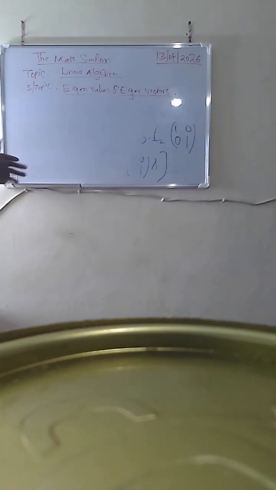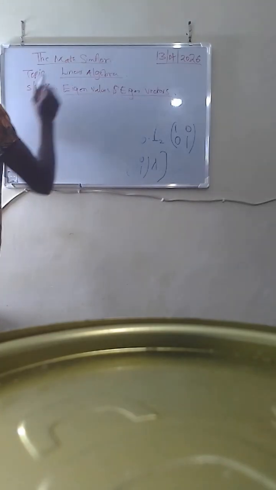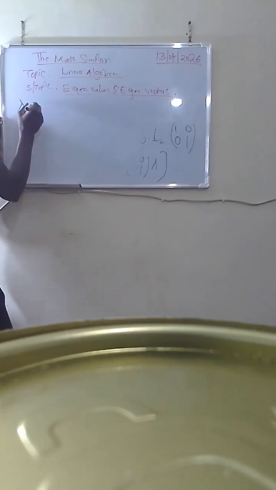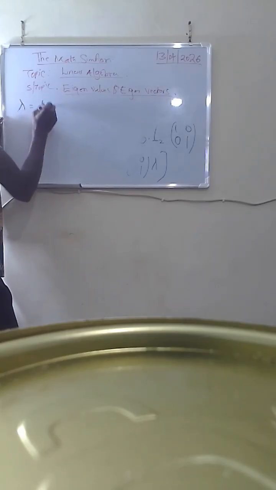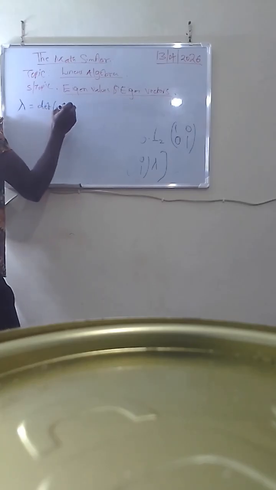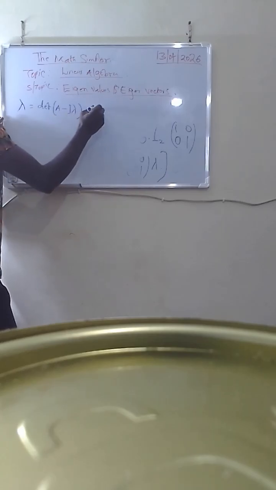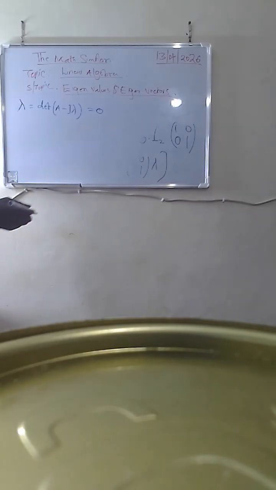So we said that the eigenvalue comes from the determinant of A minus lambda I equals 0.